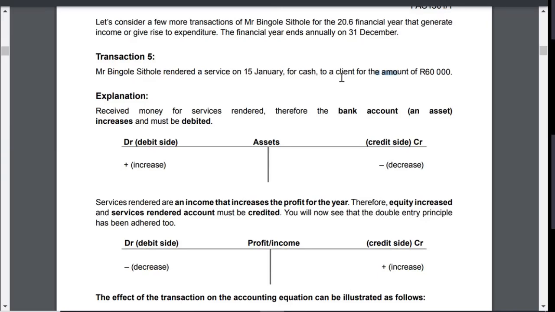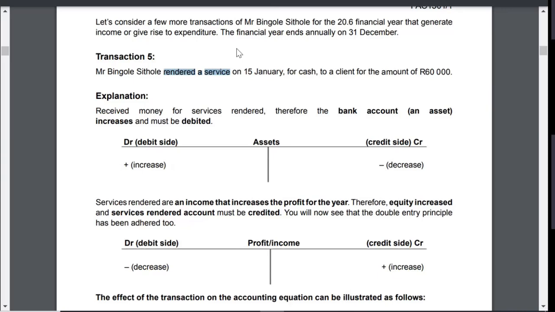There's definitely income, because he has rendered a service. Remember, Mr. Bintole is an electrician. If he comes to your house and fixes your electrical appliances and you pay him money.